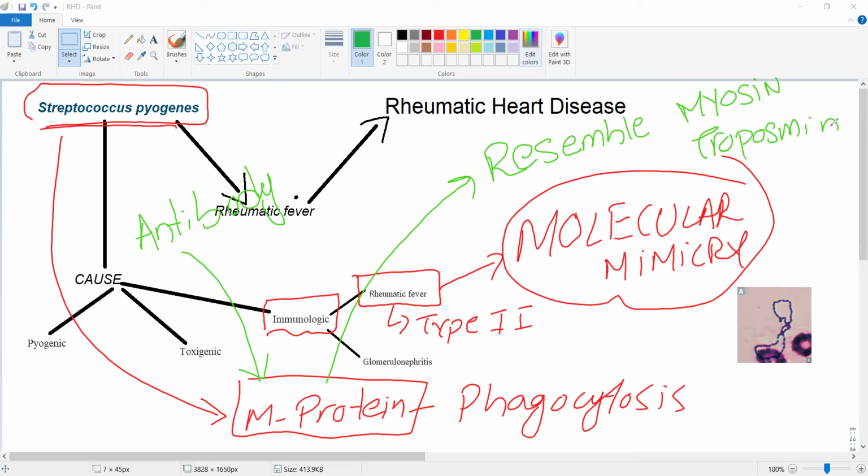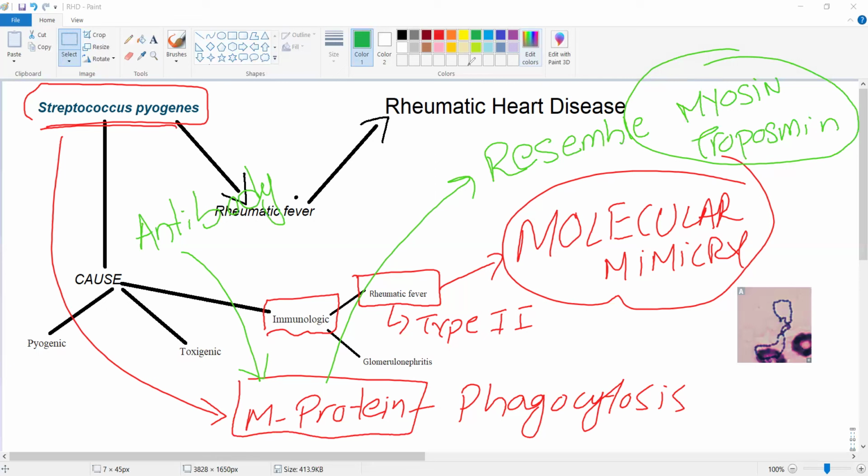Initially the body destroys the microorganism's M protein, but when the disease progresses, our body attacks myosin and tropomyosin as well. They are present in the heart and other areas as well. In this way it leads to carditis and valvular problems.